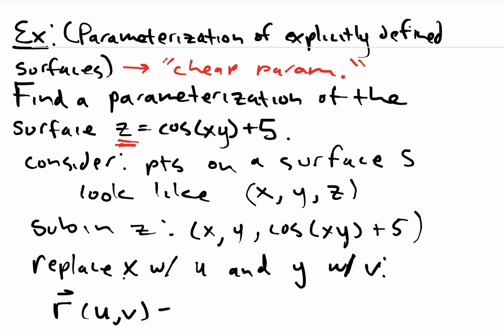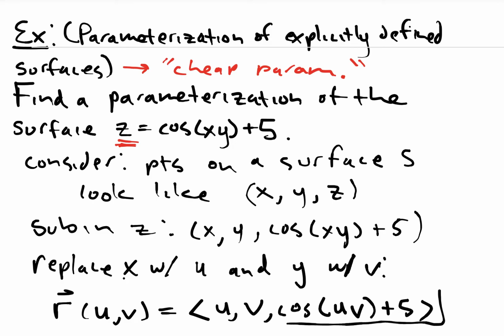So if I want my r of uv, well, we just said x is going to get replaced with u, y is going to get replaced with v, x again is going to get replaced with u, and y with v. And here is my cheapo surface parameterization right here. Okay, that was really all that we needed to do.